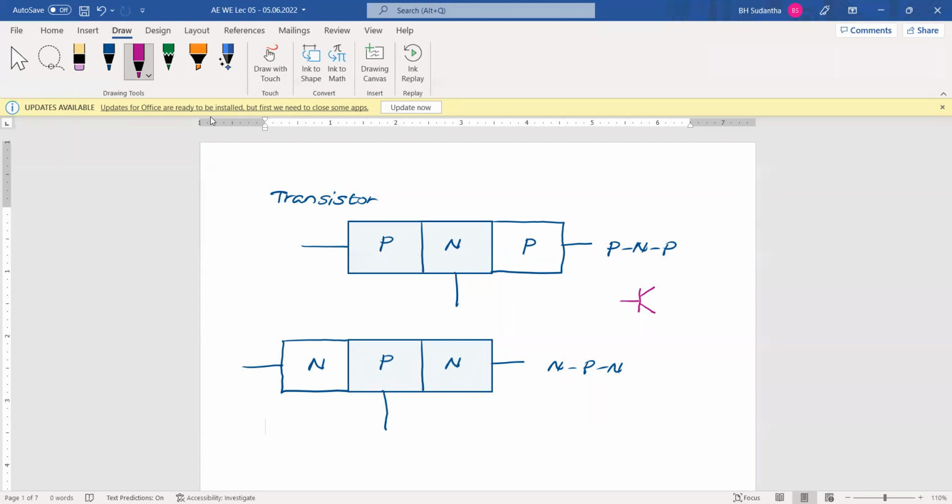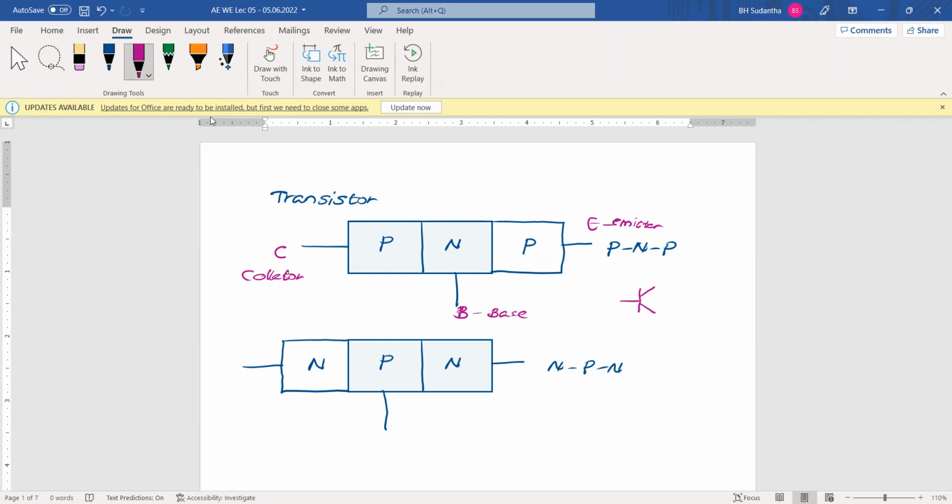This one is the base terminal, this is the collector terminal, and this may be the emitter. Emitter, this one collector, and this is base.